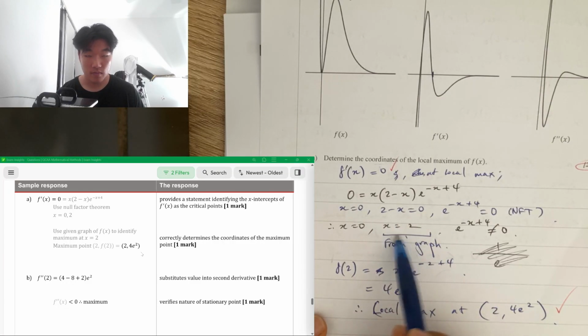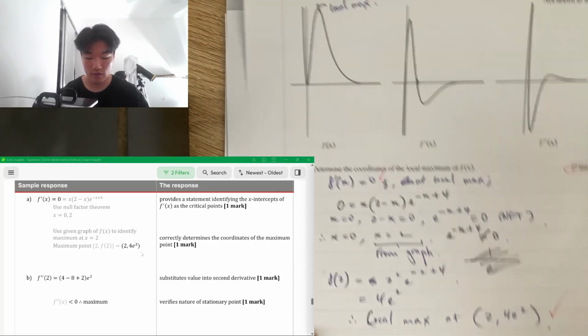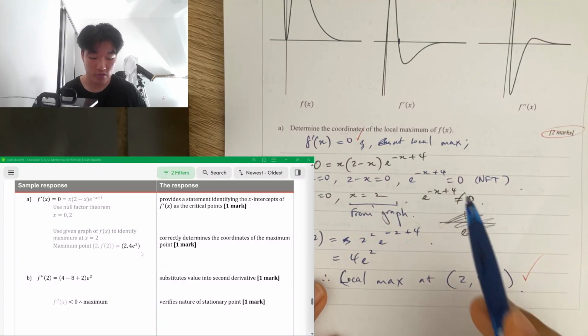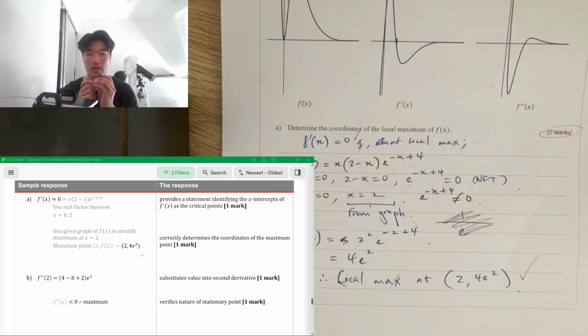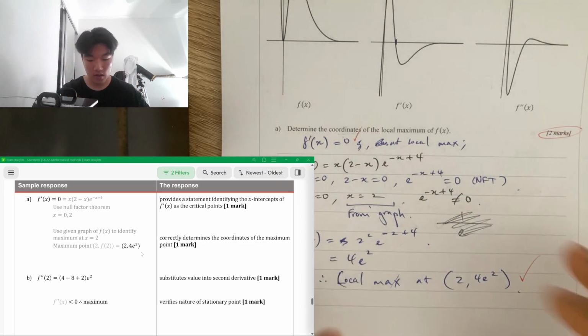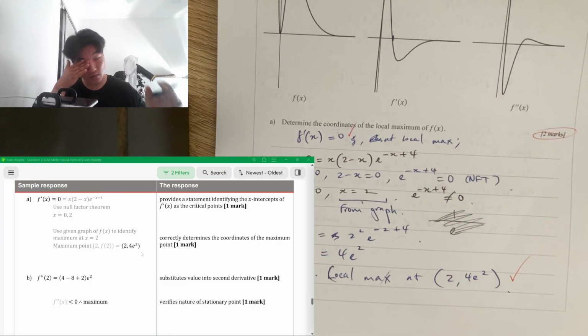So then this makes the most sense because it is in the positive part of the local max. This is a decaying exponential function. It can't actually reach 0. It can approach it, right? As you increase the value of x, it's going to get smaller and smaller because when you get a negative exponent, you're basically dividing it by the positive exponent, right? 1 over e to the x.